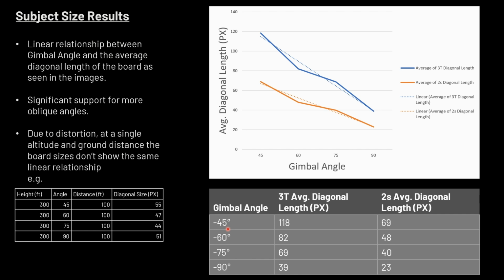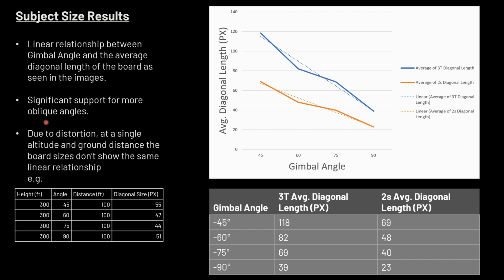At negative 45 degrees, our closest to horizontal that we went, on the 3T, the average diagonal length of the board was 118 pixels, whereas at nadir, negative 90 degrees, it was less than 40 pixels. So definitely a strong benefit to being further away from nadir, and the benefits of the subject taking up more of the picture, especially if they are standing up.